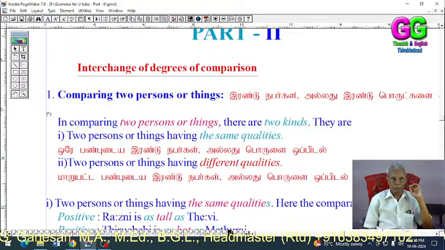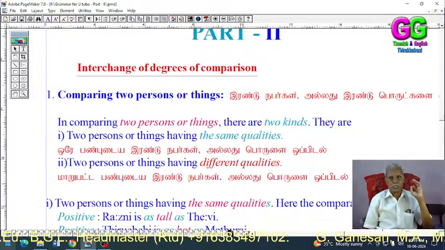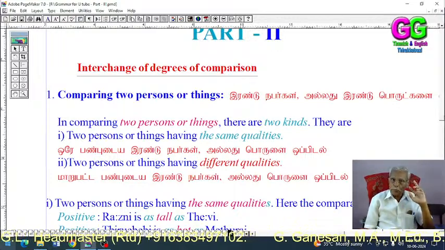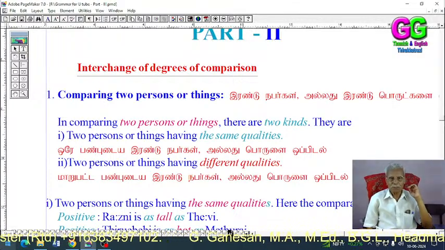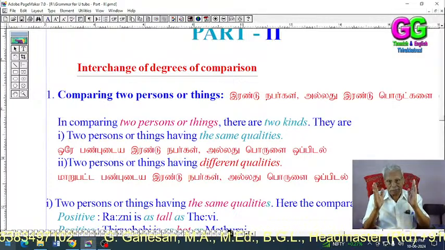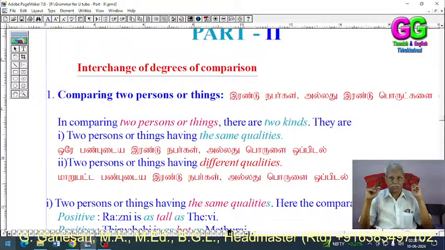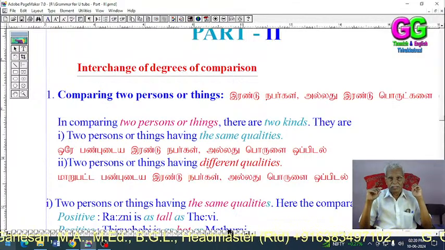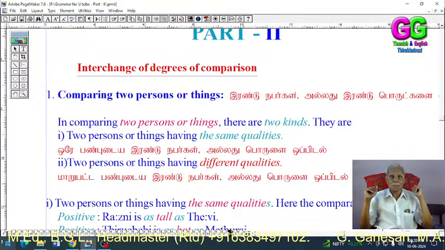They are to compare two persons or things having the same qualities, and two persons or things having different qualities. When comparing two persons or things of the same qualities, we use a set of rules.